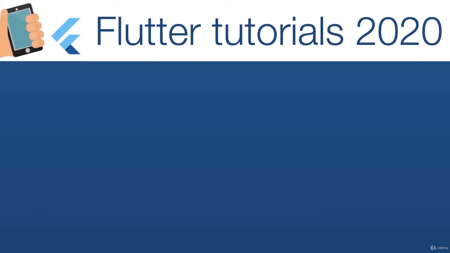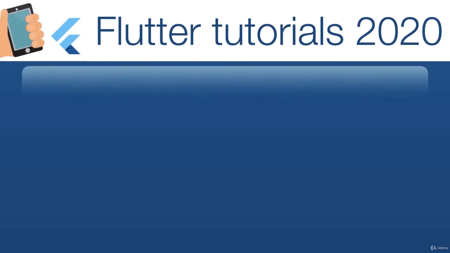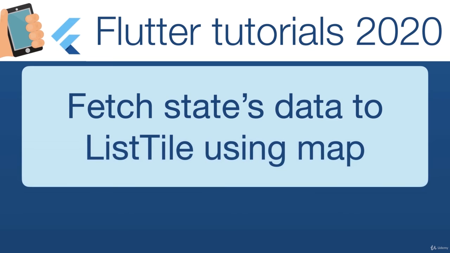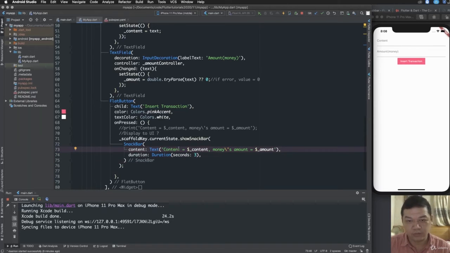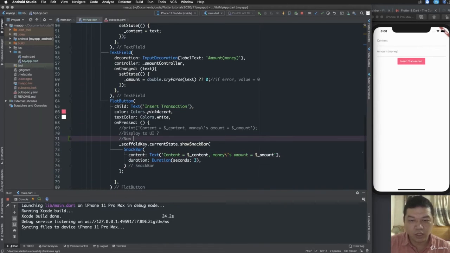Hello everybody, in this lesson we continue with how to transmit the state to a list type using the map function. So here now I want to add the transaction object to a list of transactions.